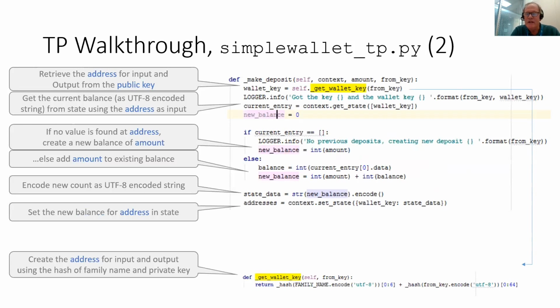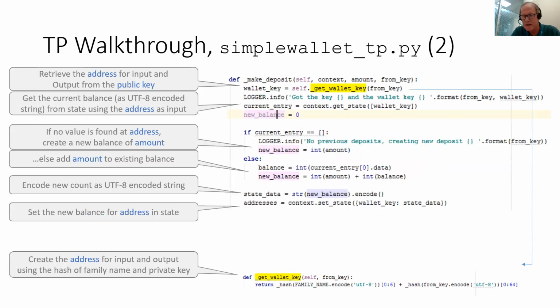So we look at this entry, and if it's empty, there has been no deposit made. So we're creating a new deposit for the first time. So we just set the new balance to the amount that we're depositing. Otherwise, there's some entry there already. So what we do is we get the balance, that is, convert the value there to an integer. The objects for this transaction family are very simple.